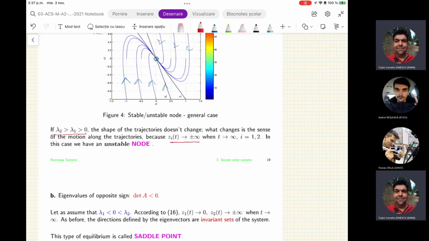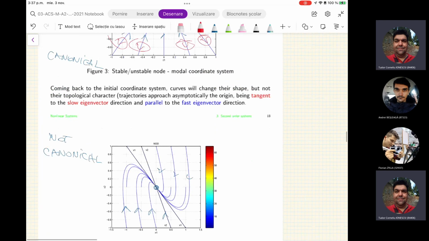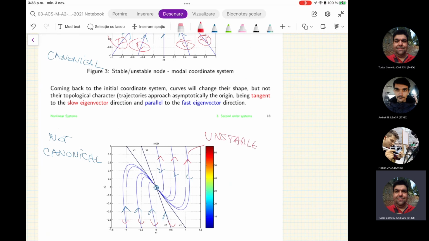In this case, we have an unstable node. So this is unstable, and this is stable. Is it clear now?